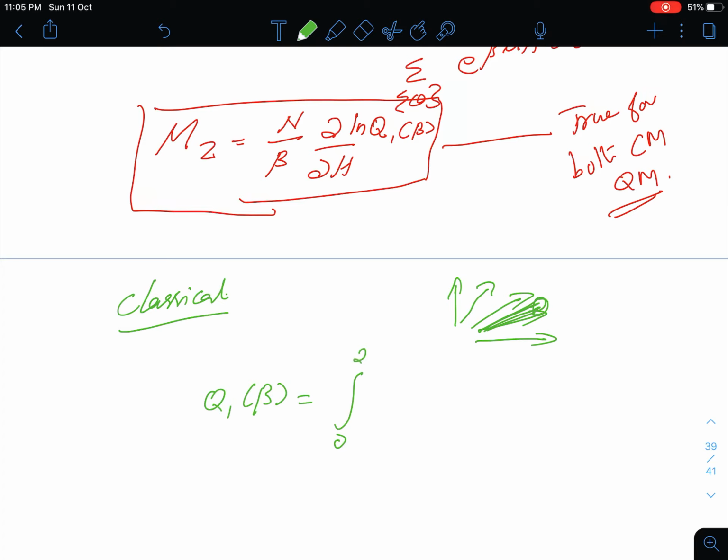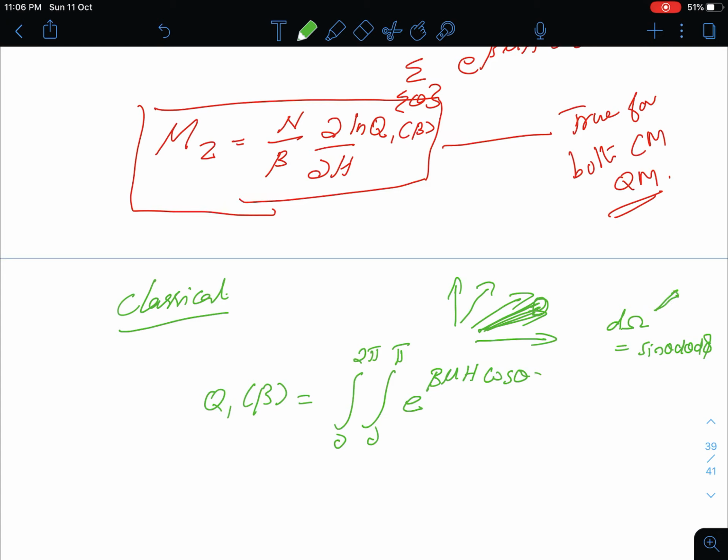So in that case it is simply 0 to 2 pi, 0 to pi, e raised to beta mu h cos theta d omega. We write the solid angle as d omega, which is simply sin theta d theta d phi. Am I right?